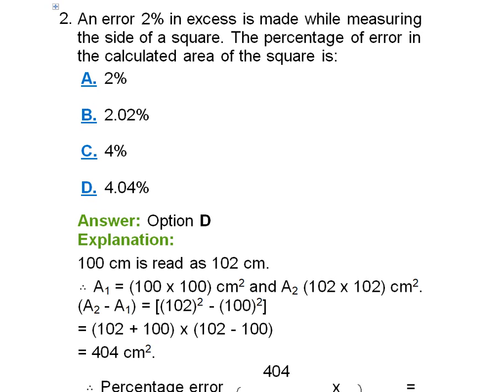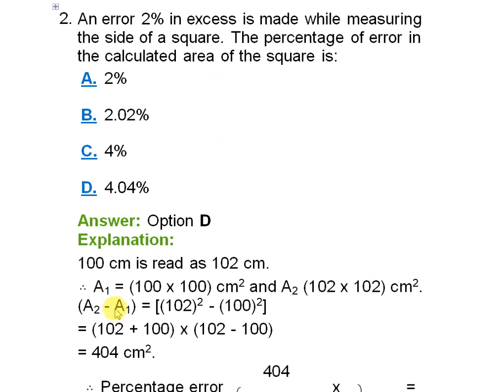So the area of a square would be 100 into 100 centimeter square, and the area of another square would be 102 into 102 centimeter square. If you're confused about this 100 and 102, it is talked about percentage here, that's why the first side we are taking as 100 and another as 102, because there is an error of 2%, so we'll just add on these two.